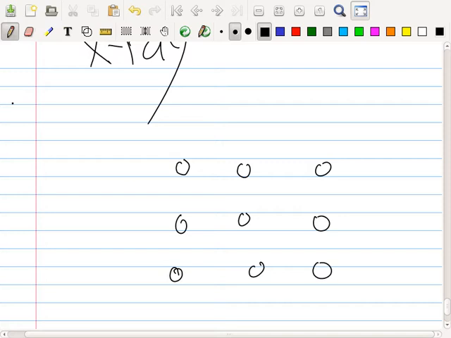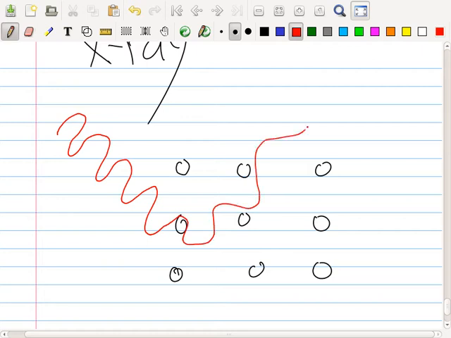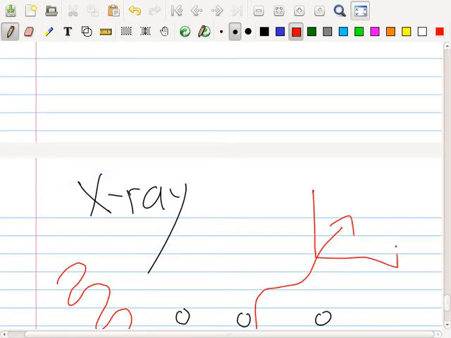And then you send an X-ray in. So here comes the X-ray. And what happens is it bounces out, and it hits a plate, and you get the picture here.